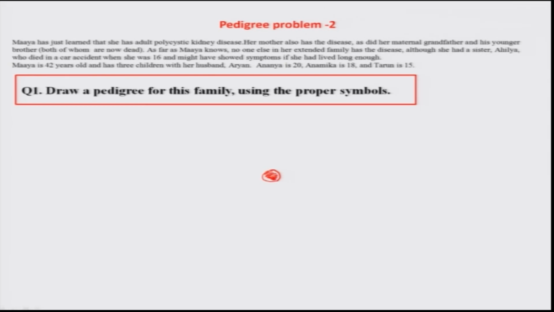Now let's draw Maya's parents. As we know from the problem, her mother also has the disease, so let's draw her parents. This circle denotes her mother and she had the disease, and this square denotes her father, as did her maternal grandfather and his younger brother, both of whom are now dead.